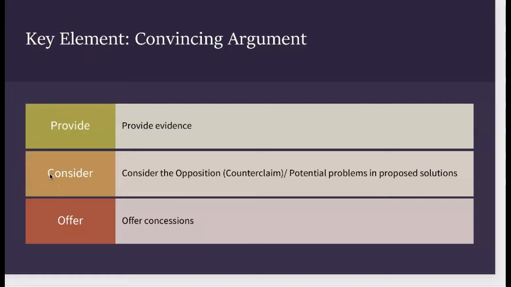You'll need to consider the opposition or objections that people may have to either your problem or your solution and offer concessions and rebuttals. Remember that counterclaim that needs to go in every single argument.